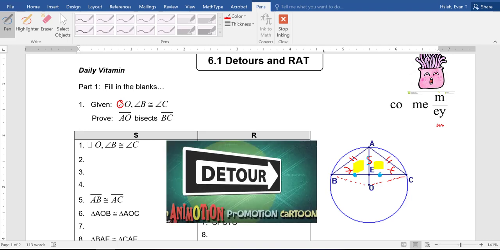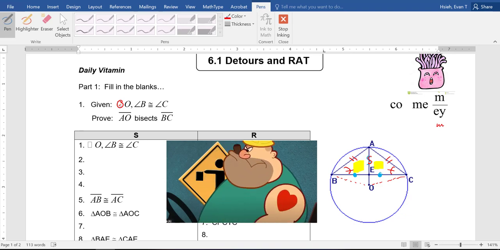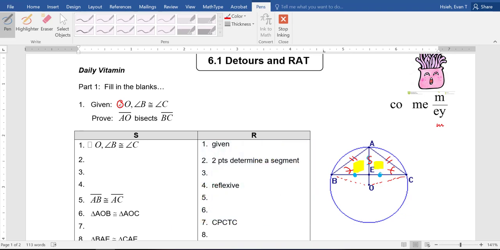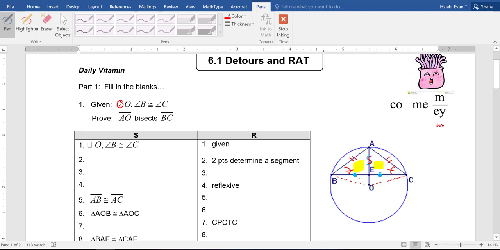And so I need to prove a different set of triangles congruent first, and then go back and try to get those triangles congruent. So you're going to end up proving multiple sets of triangles here. If I look at this, I'm going to end up with these radii congruent, and you've got a reflexive all the way down the middle.